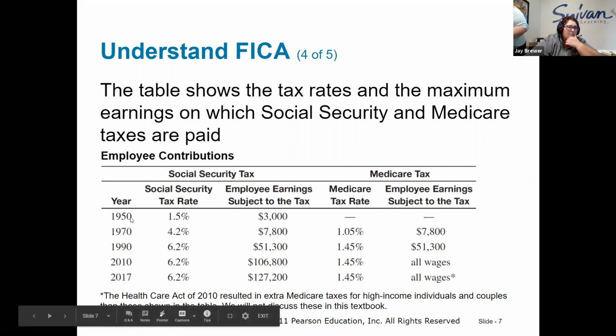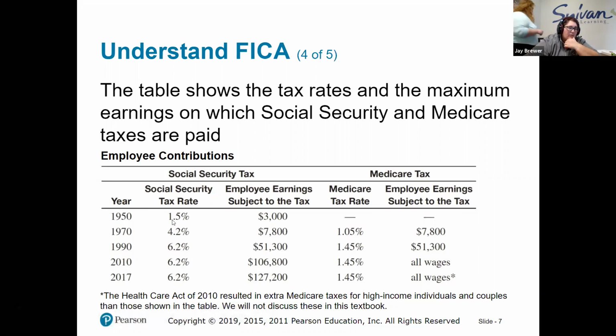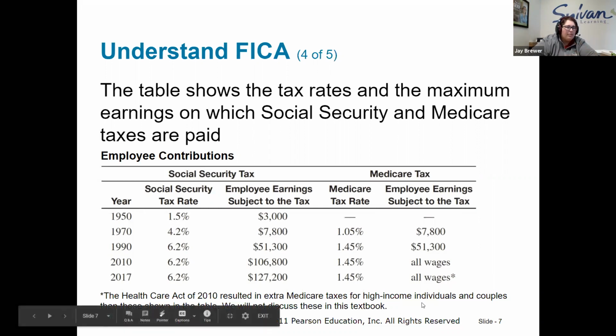So I think this year part is like when people were born. So if someone was born in 1950, then this is the rate that they're going to have to pay. And then it kind of goes down from there, if that makes sense. Okay. And I think it's because the people born later will get more.